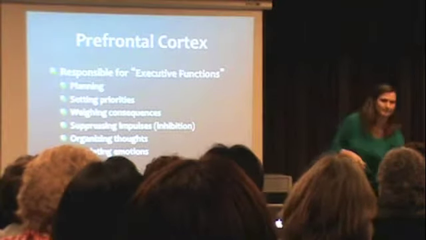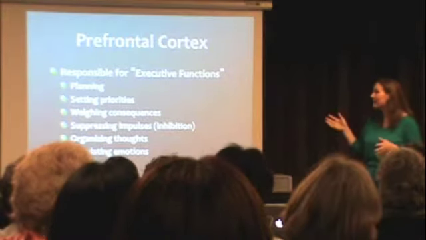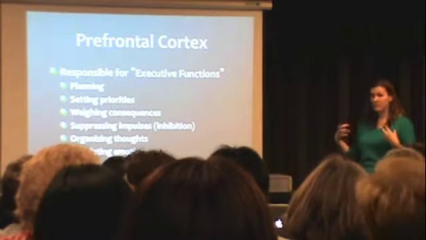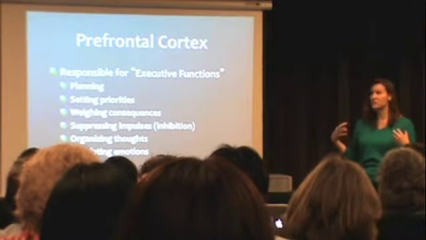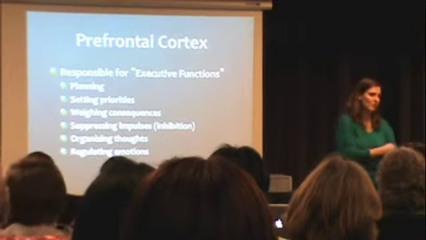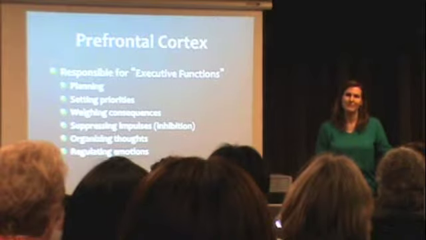It's the part that's right here in the front. It's responsible for planning, setting priorities, weighing consequences, inhibition of behaviors or inhibition of responses, organizing your thoughts, and some regulation of emotion. And it matures around age 25.